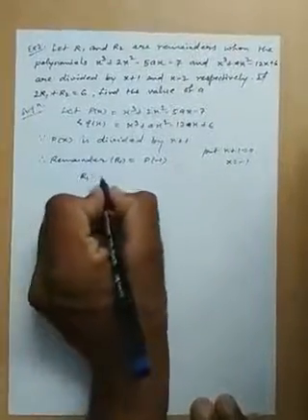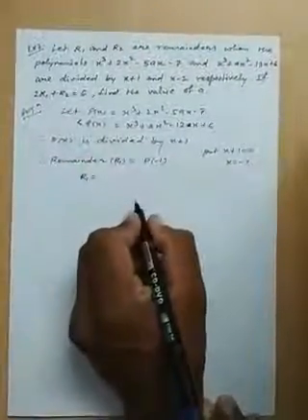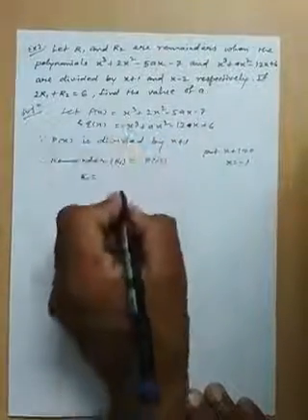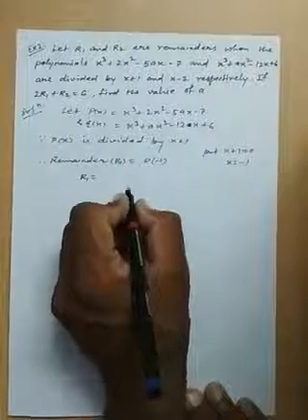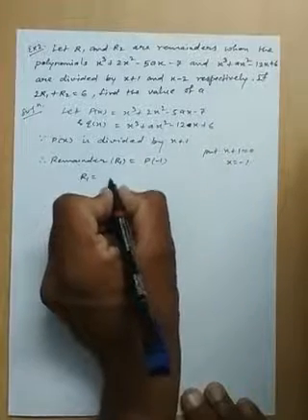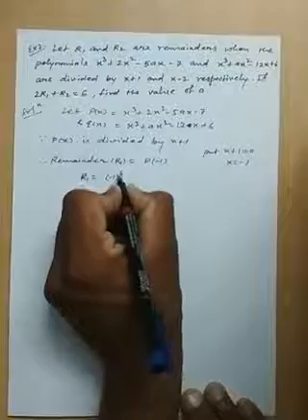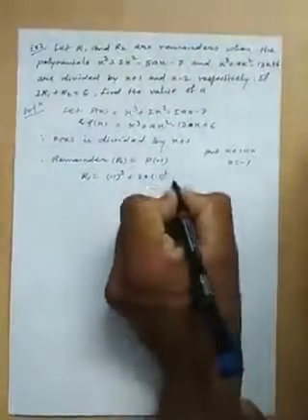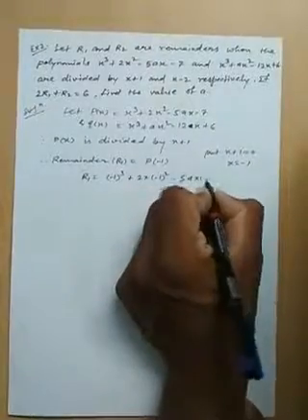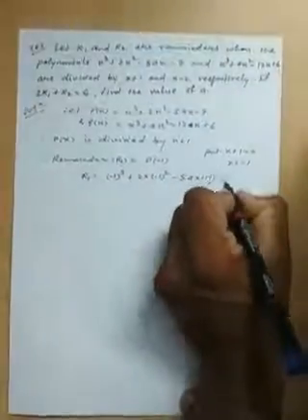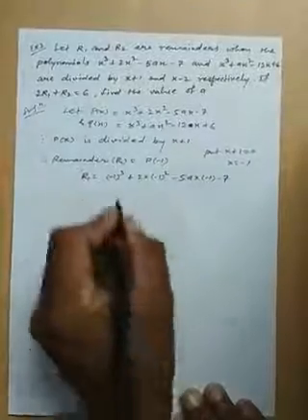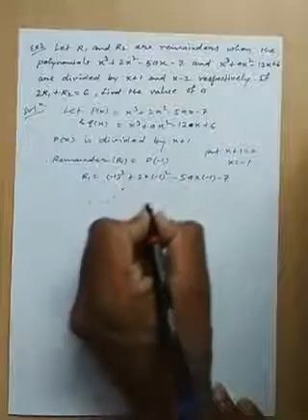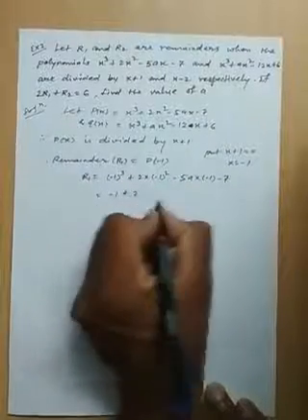So R1 equal to P of minus 1. In Px, we can put the value of x equal to minus 1. Minus 1 cube plus 2 into minus 1 square minus 5a into minus 1 minus 7. Minus 1 cube is minus 1. Minus 1 square is 1 and 2 into 1 is 2.